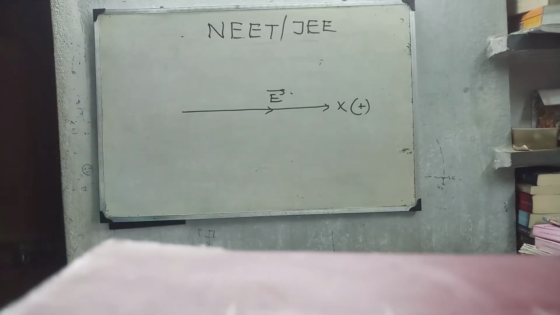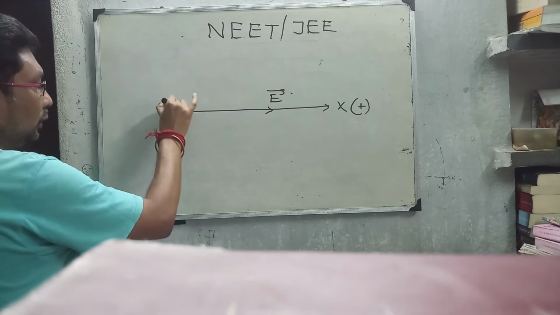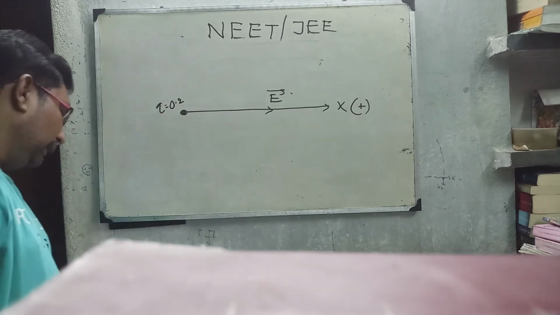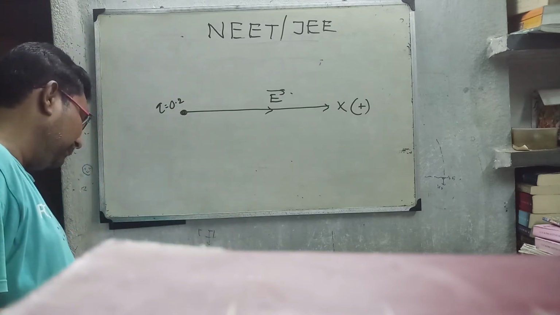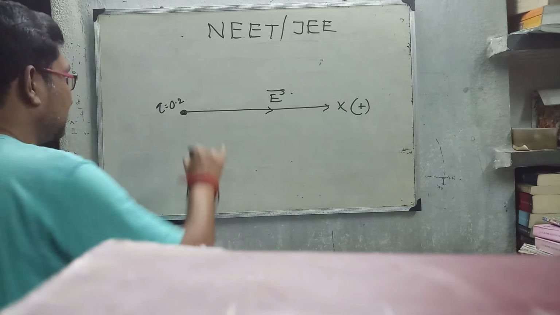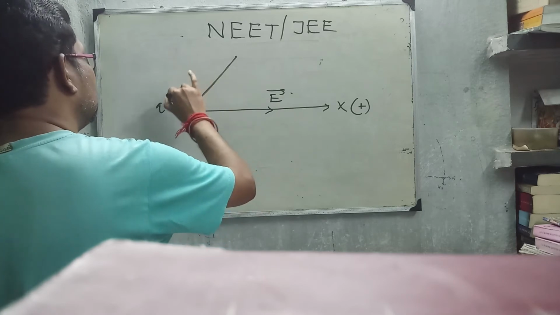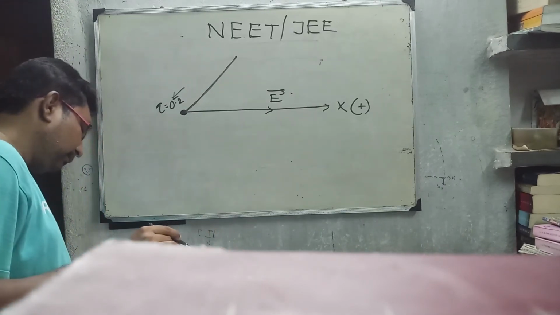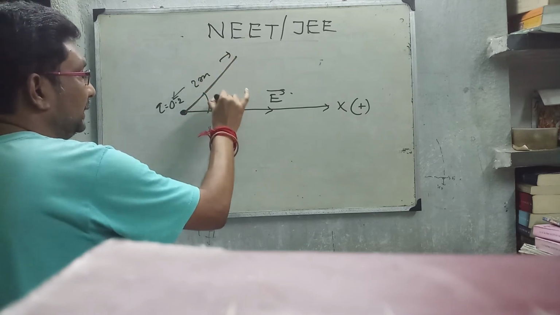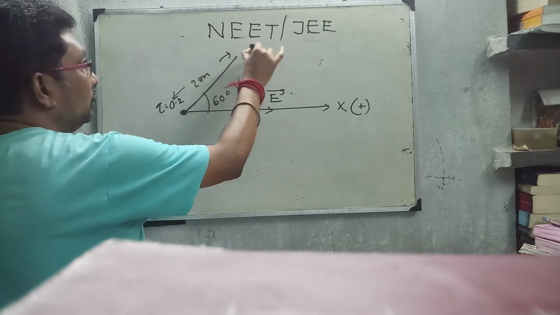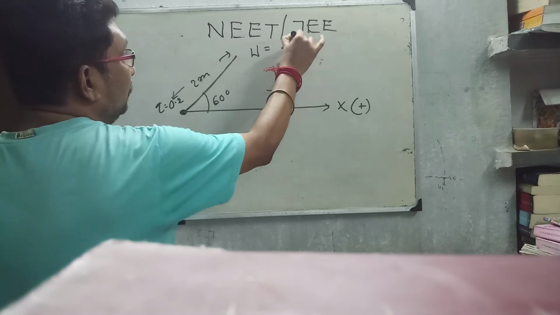If work done in moving a charge of 0.2 coulomb through a distance of 2 meter, making an angle of 60 degree with the x-axis, if you move this charge from here to here, this is given 2 meter. It is at an angle 60 degree with the electric field. Work done to move the charge is 4 joule. We have to calculate the electric field.